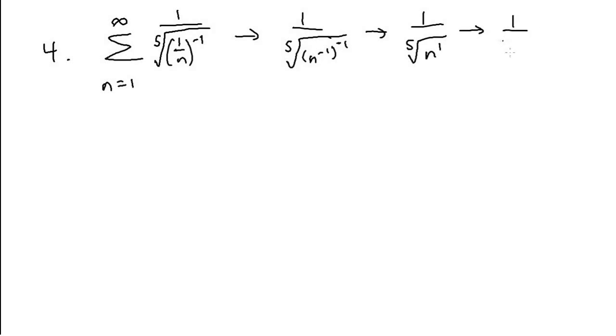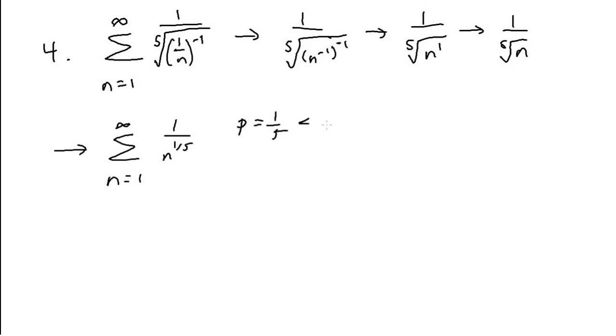So then 1 over the 5th root of n. And so I can rewrite the series as 1 over n to the 1/5 power. Since our p value is equal to 1 over 5, and that is less than or equal to 1, then this specific series will diverge by the p-test.